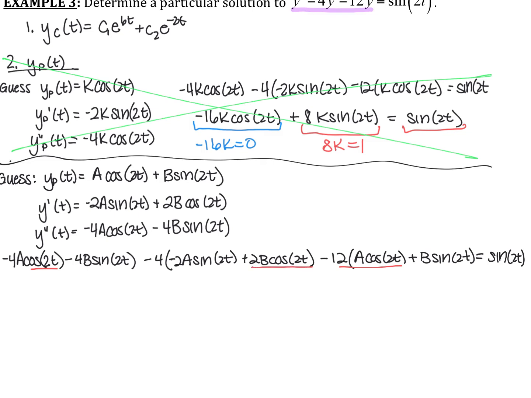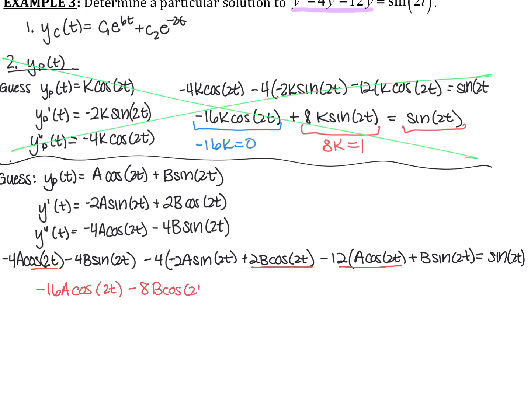So there's my cosines. If I combine those, that is negative 4a cosine 2t and negative 12a cosine 2t. So I have negative 16a cosine 2t minus 8b cosine 2t.